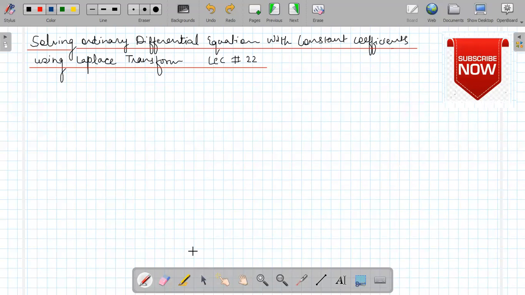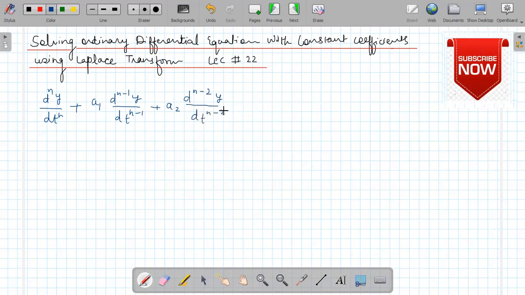So let us consider the nth order differential equation with constant coefficient: d^n y over dt^n plus a1 d^(n-1) y over dt^(n-1) plus a2 d^(n-2) y over dt^(n-2) and so on, plus an y, is equal to some function of t.